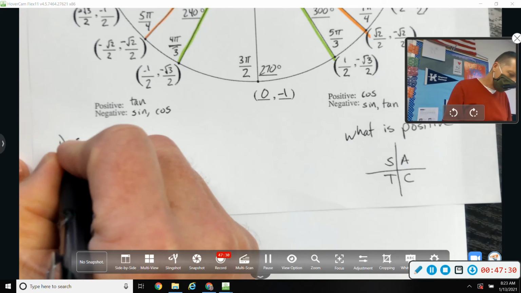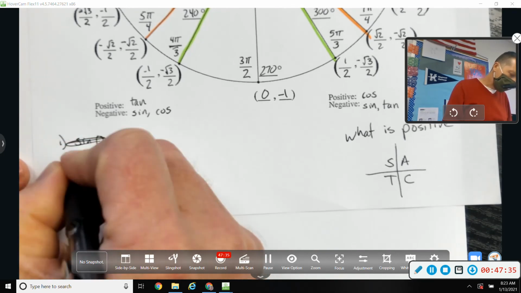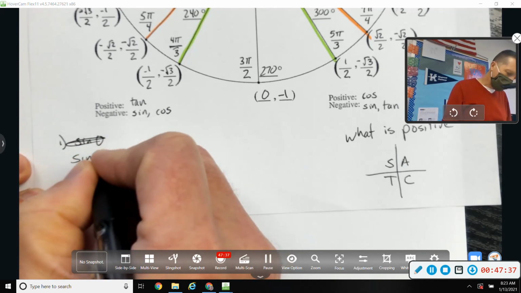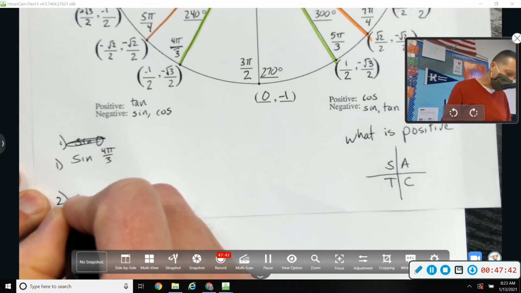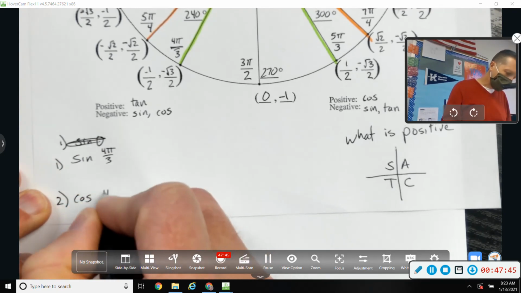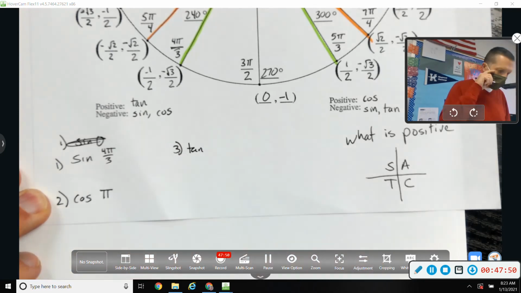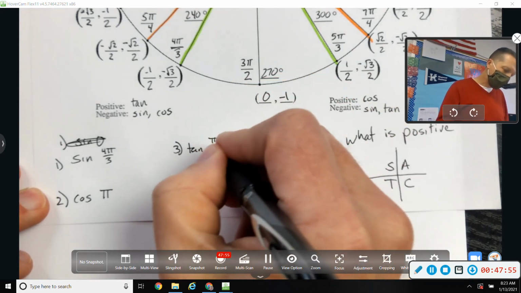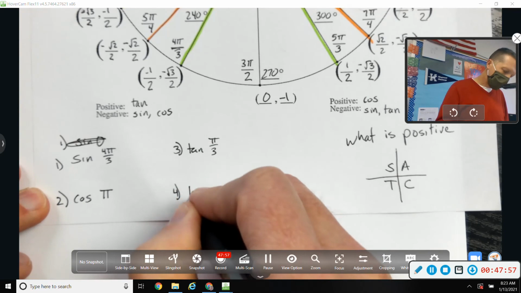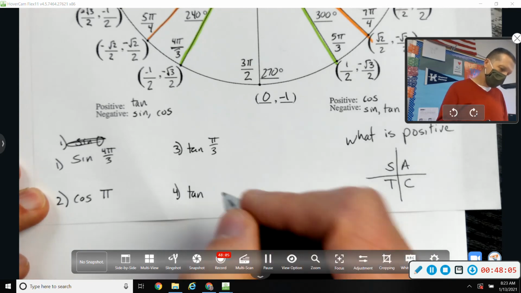So I want you to find the sine of 4 pi over 3, and then the cosine of pi, tangent of pi over 3, and then the tangent of 90 degrees.